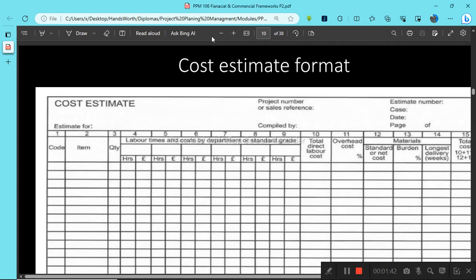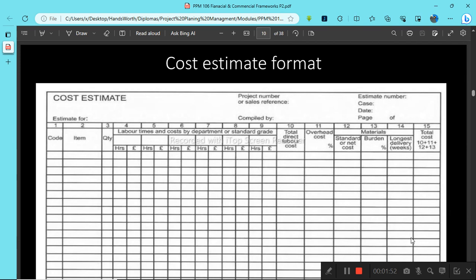Then after we visualize that the project has already been completed, we can begin to make estimates based on a completed project.